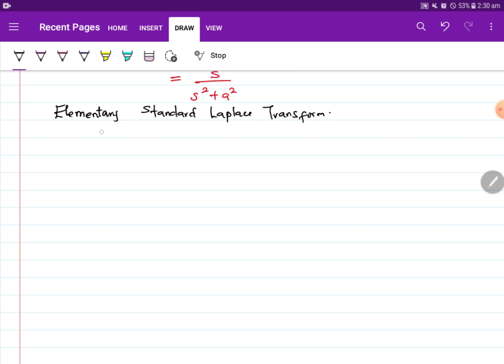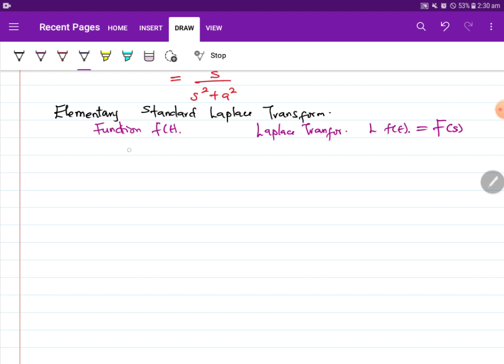So if this is your function, f of t, and at this part you've taken the Laplace transform, I can say this is L of f of t, or sometimes I can call it F of s, because it shows that you are taking the Laplace of what is at the right hand side.